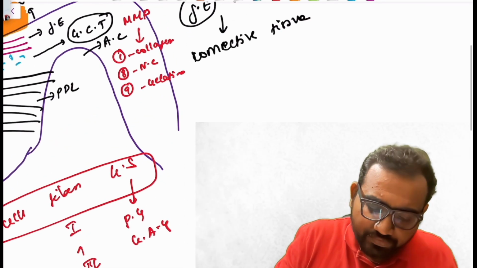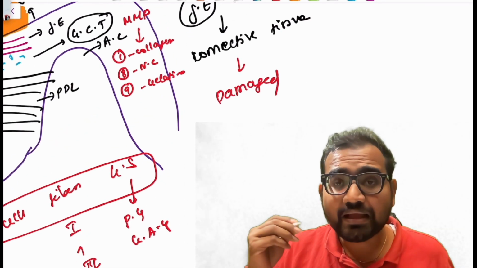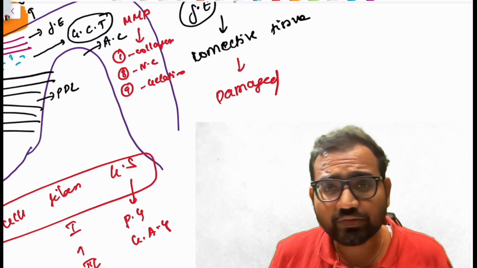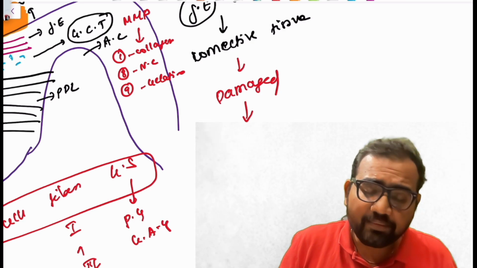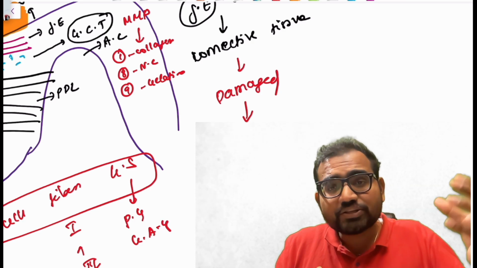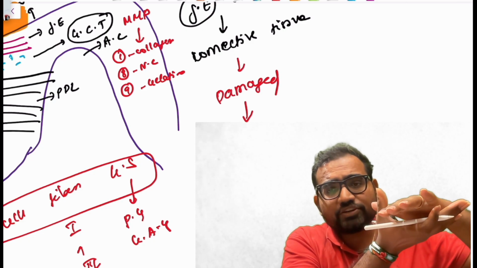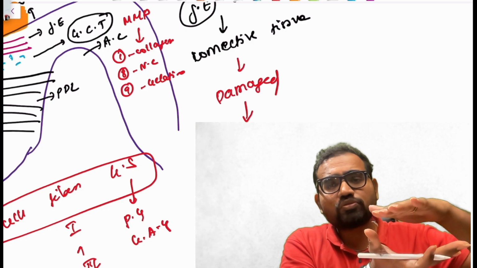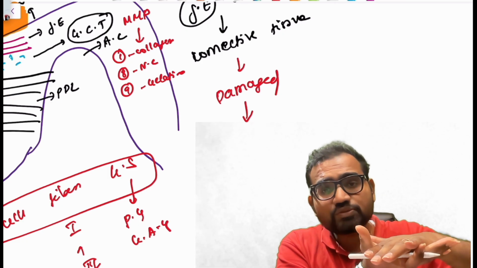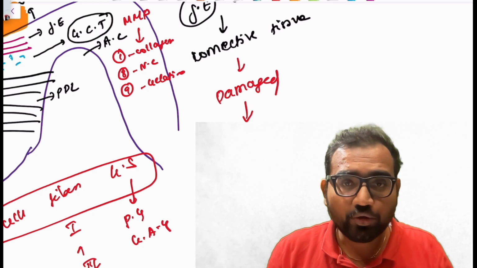The connective tissue is getting damaged by MMPs, by certain virulence factors of the bacteria. So once it is getting damaged, what is going to happen? It is destroyed. The junctional epithelium will be resting on the connective tissue. Since the connective tissue is getting destroyed, it will move down where the connective tissue is not damaged. So that is why I am telling you that there is apical migration of junctional epithelium during pocket formation.